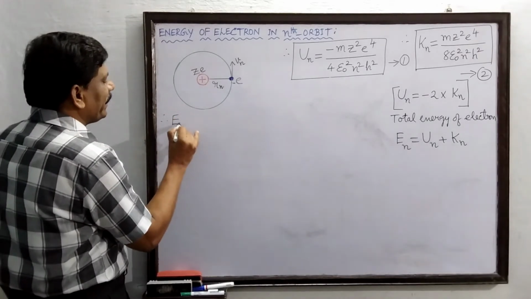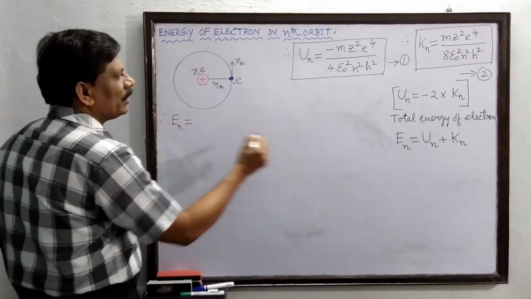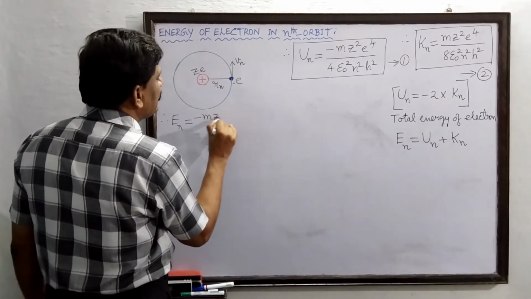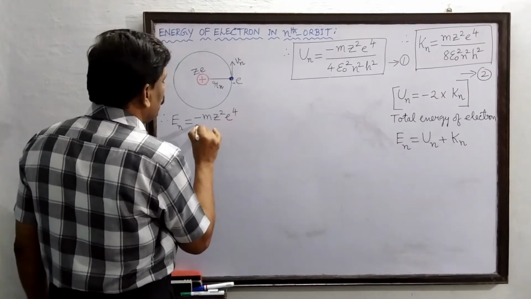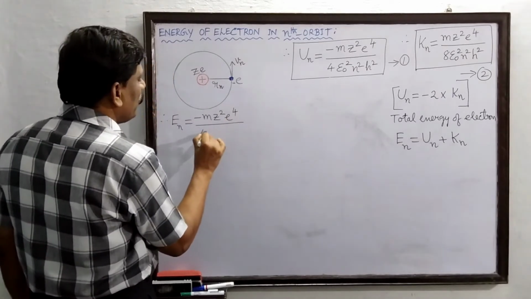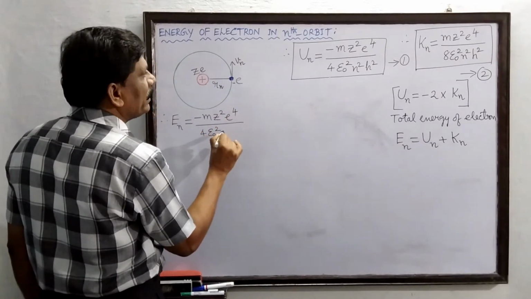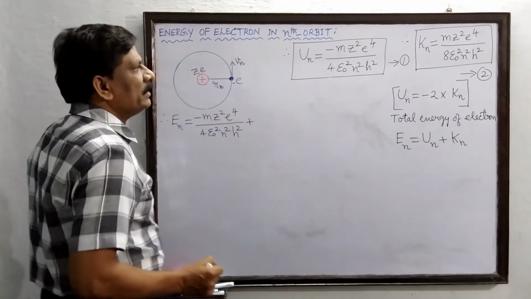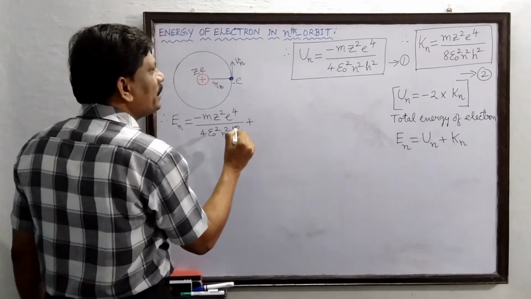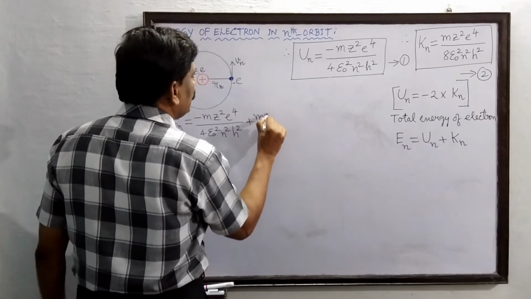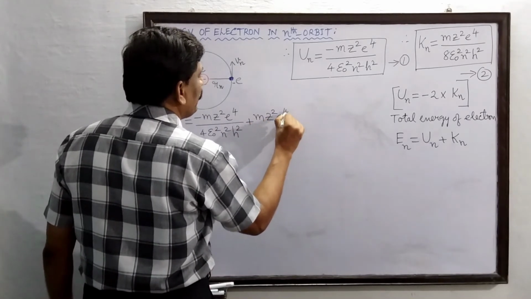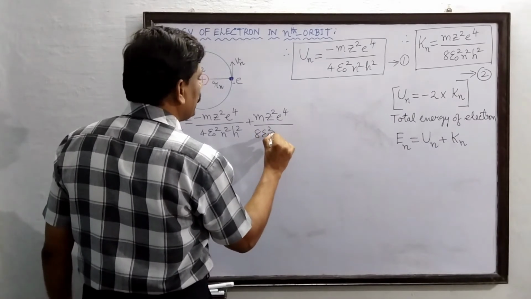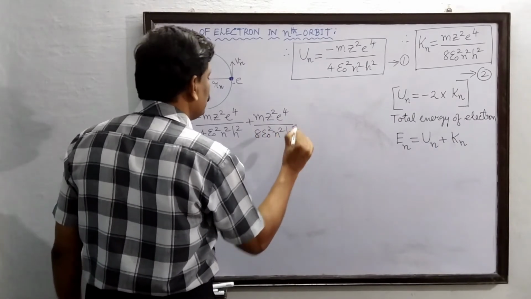Therefore, the energy of the electron in the nth orbit is equal to, instead of Un, I will substitute minus m z square e power 4 divided by 4 epsilon naught square n square h square, plus, instead of kinetic energy, I will substitute m z square e power 4 divided by 8 epsilon naught square n square h square.